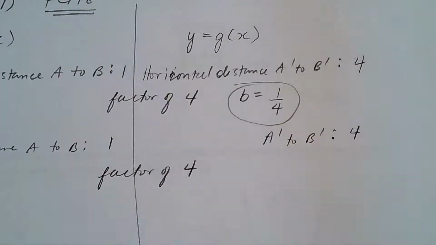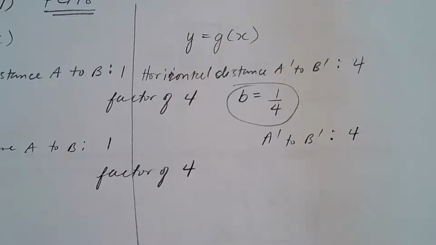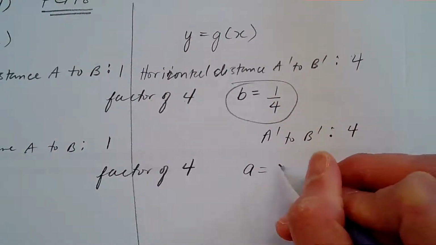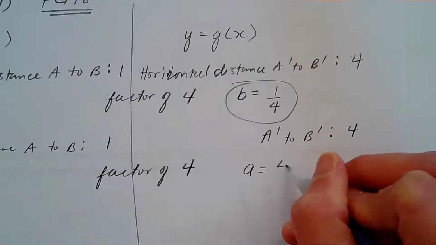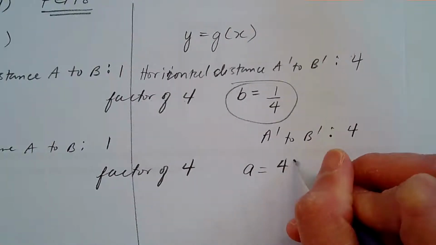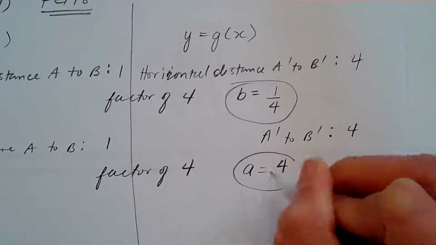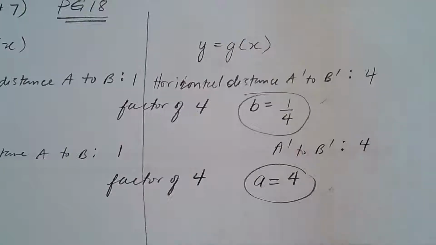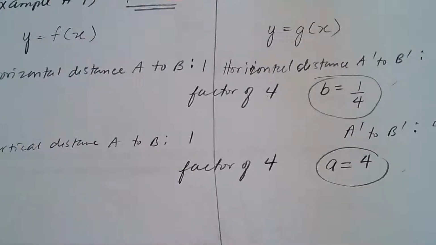This is the vertical distance, the vertical stretch. So that means A should be just 4. Okay, so we got the B and then the A. Now from here, we know it's been stretched in 2 different ways.